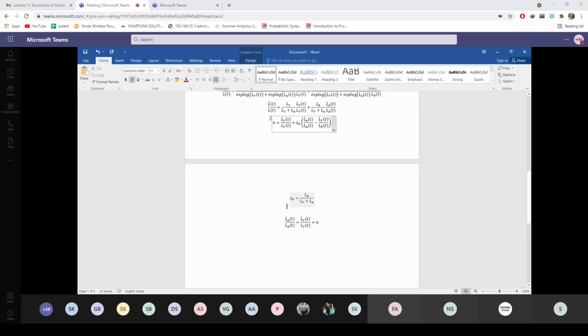So why I'm writing it SR, it has an interpretation. It is basically the fraction of labor devoted to produce technology in the long run. This Ly divided by La is basically your total labor force in the long run. So I can write it down in this fashion.